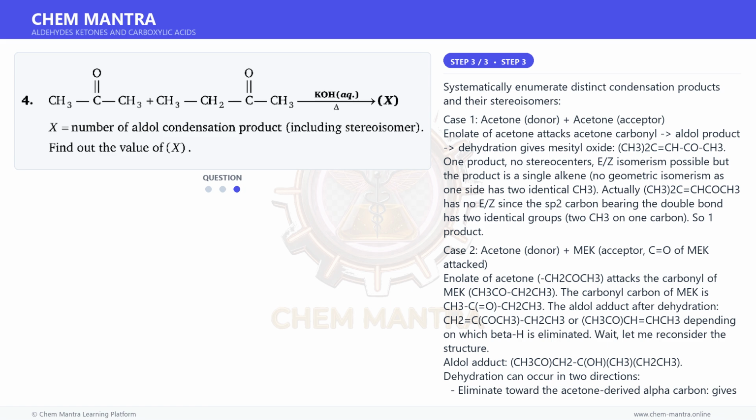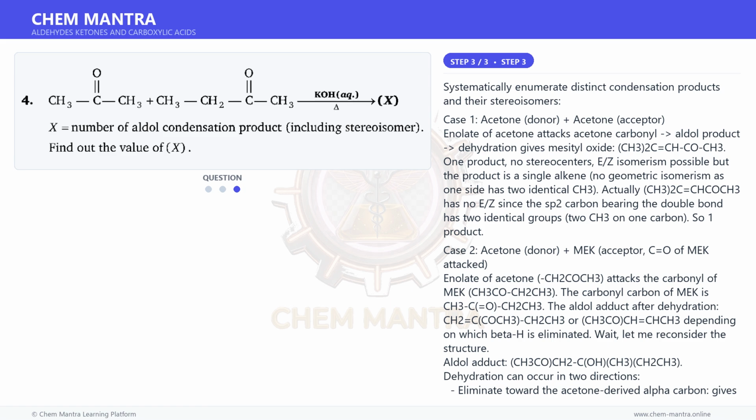The adduct is CH3COCH(CH3)C(OH)(CH3)CH2CH3. This adduct has a stereocenter at the carbon bearing CH3 and also at the carbon bearing O and CH3. After dehydration, one stereocenter may remain.